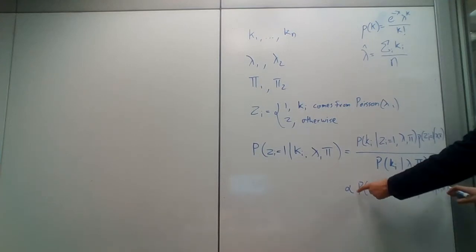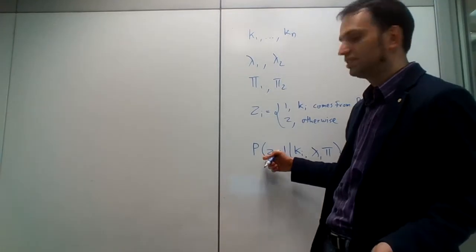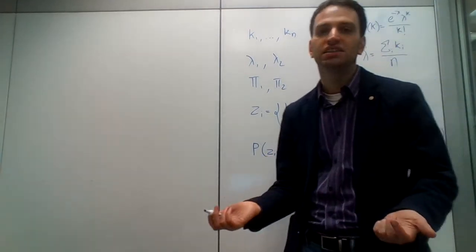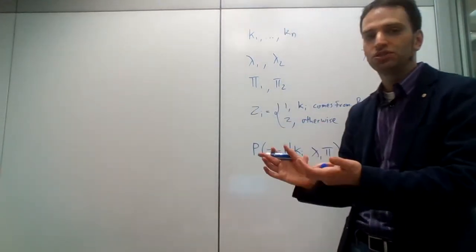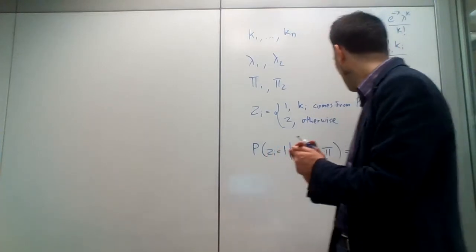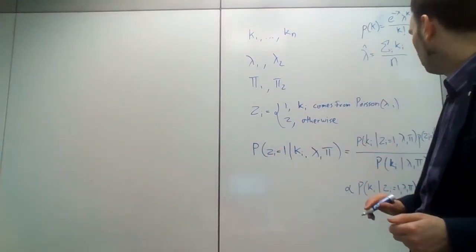Why is it enough to say that it's proportional? Well, because the only two options are zi equal to 1 and zi equal to 2, and we know that both of those are going to add up to 1. So what can we do now?